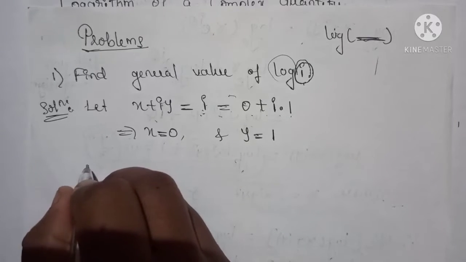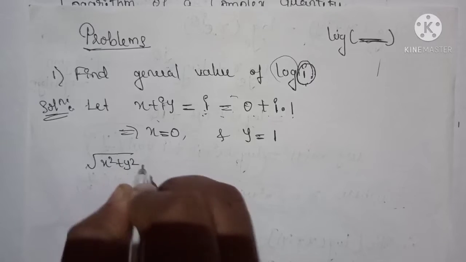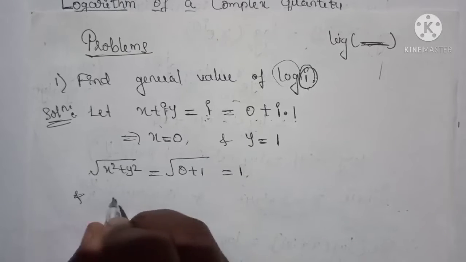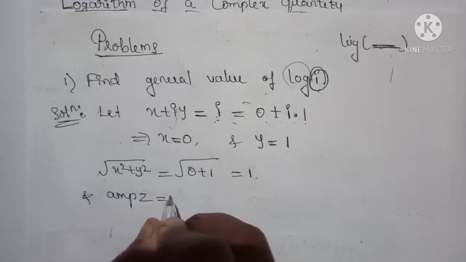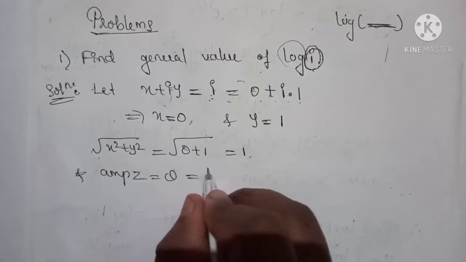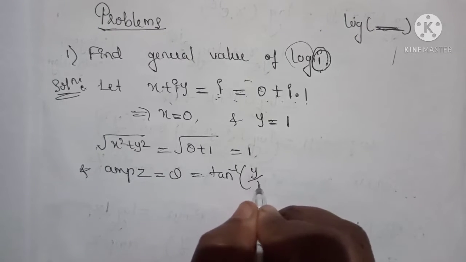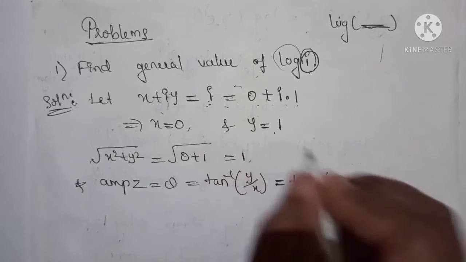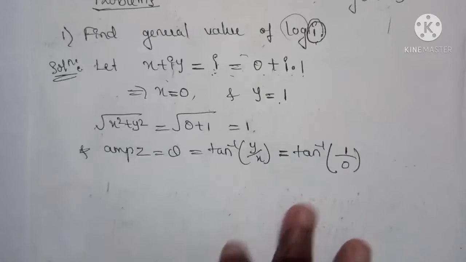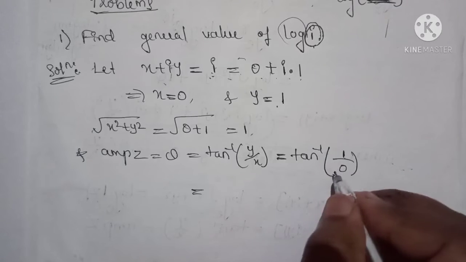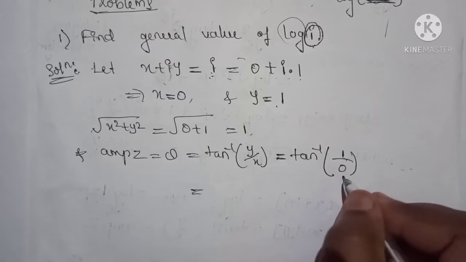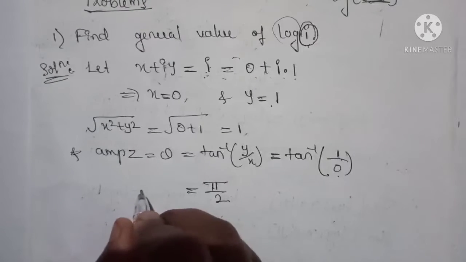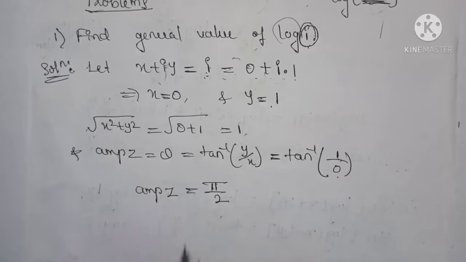The square root of x square plus y square is the square root of 0 plus 1, which equals 1. The amplitude of z, which may also be denoted by theta, is tan inverse of y by x, which is tan inverse of 1 by 0. Since 1 by 0 is infinity, we get pi by 2. So we got the amplitude of z equal to pi by 2.